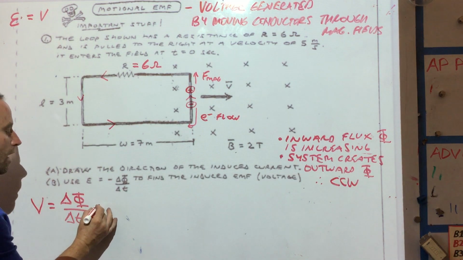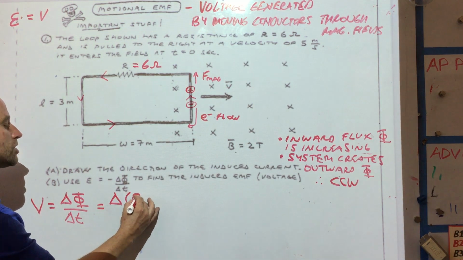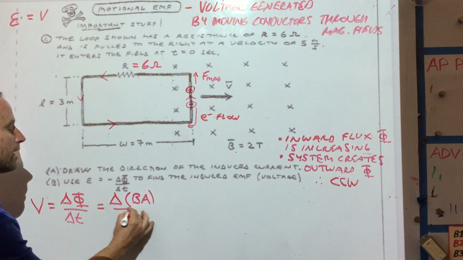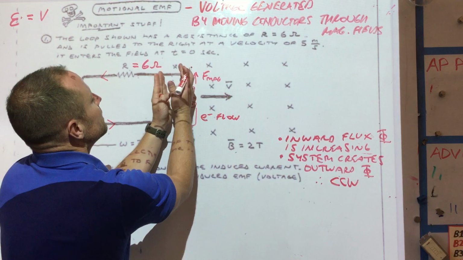We have to remember what flux is. Flux is field times area. So we want to find the change in field times area with time. When you see area, it's like, well, what area? It's the area that's in the field.